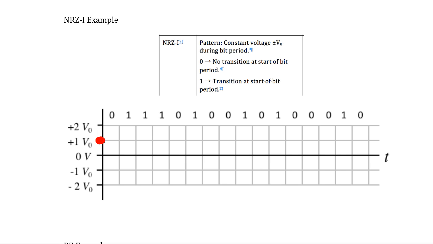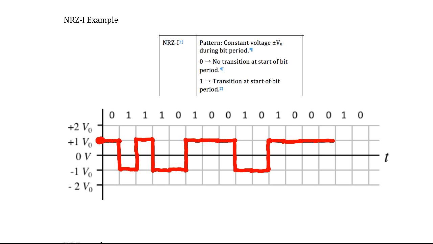And so a 0 means no transition at the beginning of the bit period. A 1 means we transition at the start of the bit period. And once we transition to a voltage, we stick on that voltage, constant voltage during the bit period. Now a 1 means we transition at the start of the bit period. 1, transition again. 0, don't. 1, transition. 0, don't. 0, don't. 1, transition. 0, don't transition. 1, transition. 0, don't. 0, don't. 0, don't. 1, transition.